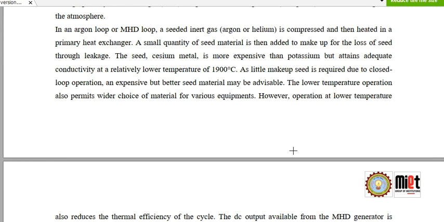Also, due to this lower temperature, the equipment can be made from a variety of metals or materials, because as the temperature increases, the choices of material to build the equipment shrink rapidly.